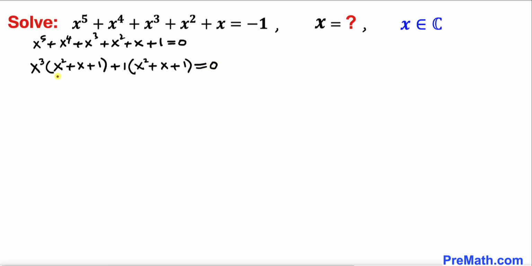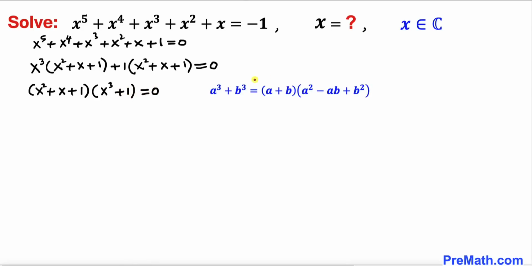Now x^2 + x + 1 is common to both, so I can factor it out, and times we have x^3 + 1 equals 0.